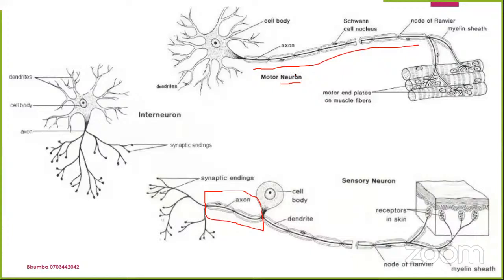And if this word disturbs you, you can just call it a nerve cell. They are the same. So you can call it motor nerve cell and sensory nerve cell if the word neuron disturbs you. But both of them have the dendrites, as you might have said, unlike.